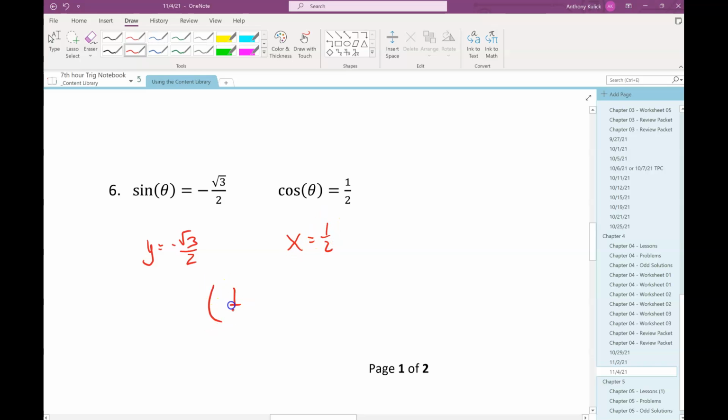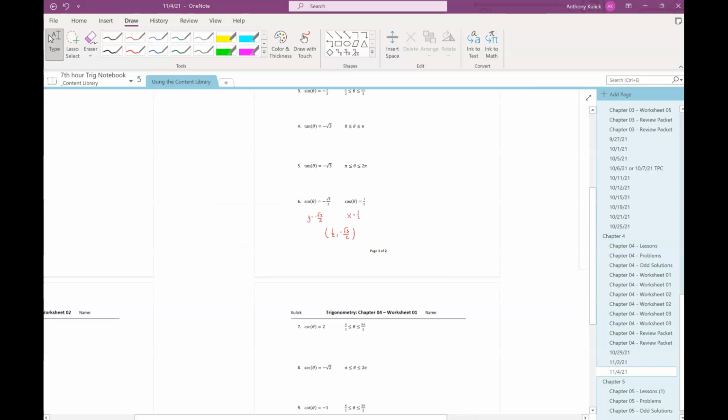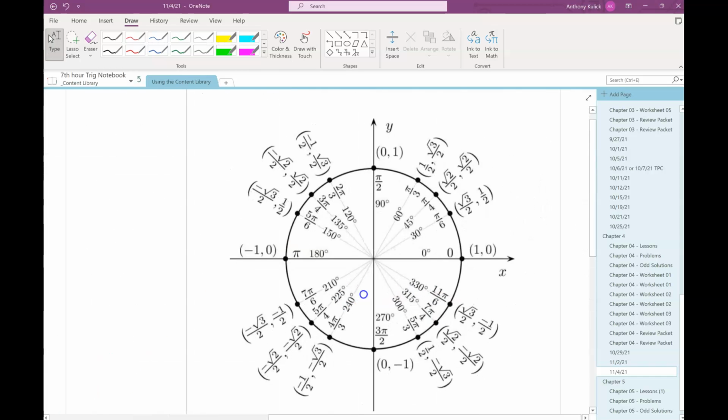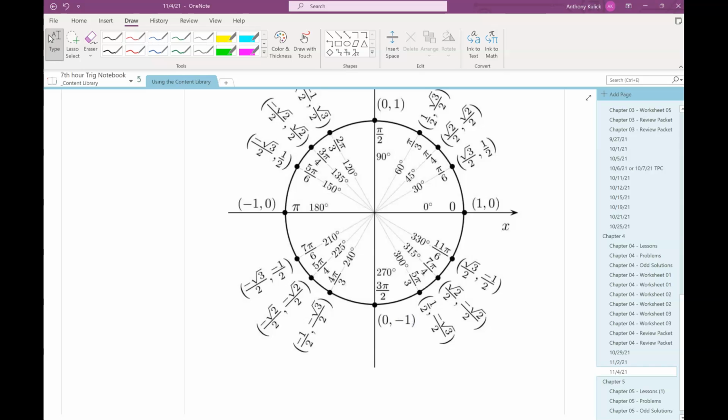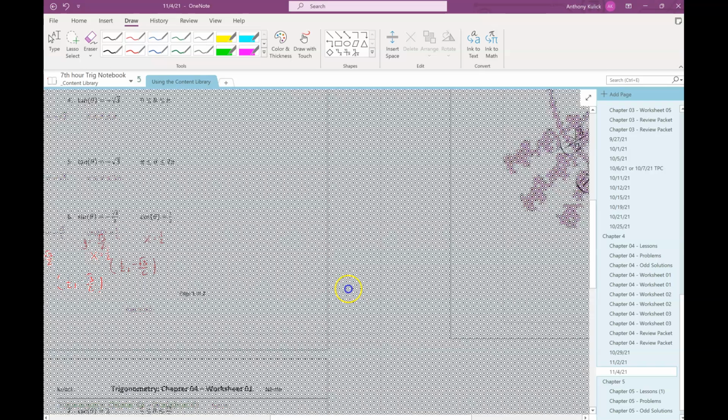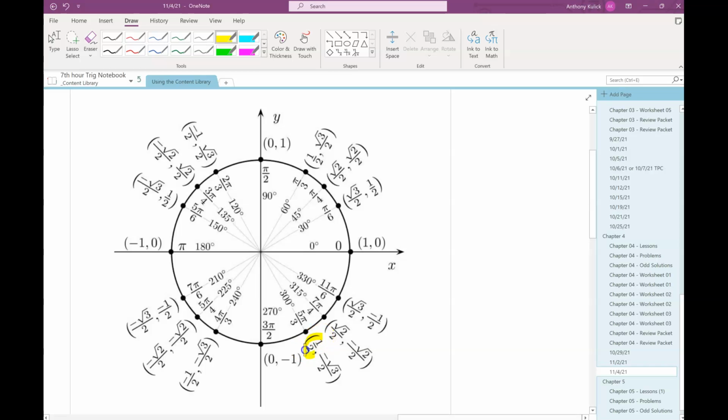So I'm just going to go to my unit circle and find the place where the x coordinate is 1/2 and the y coordinate is negative root 3 over 2. So 1/2, negative root 3 over 2, so 5 pi over 3. And that's it.